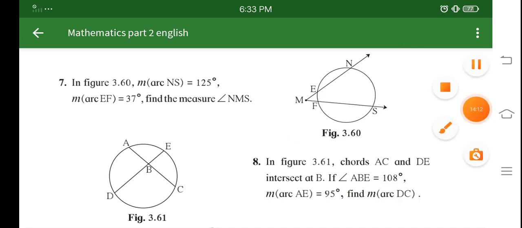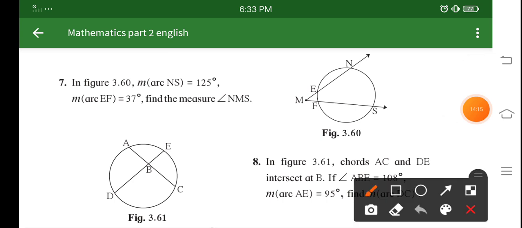So let's get started. Now see, all the things whatever they have given, you have to specify.